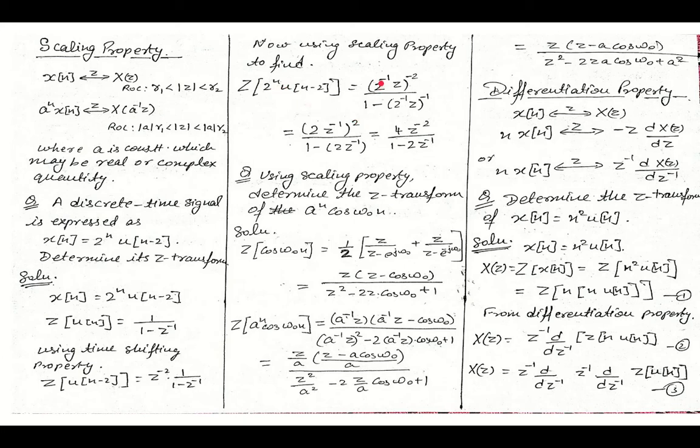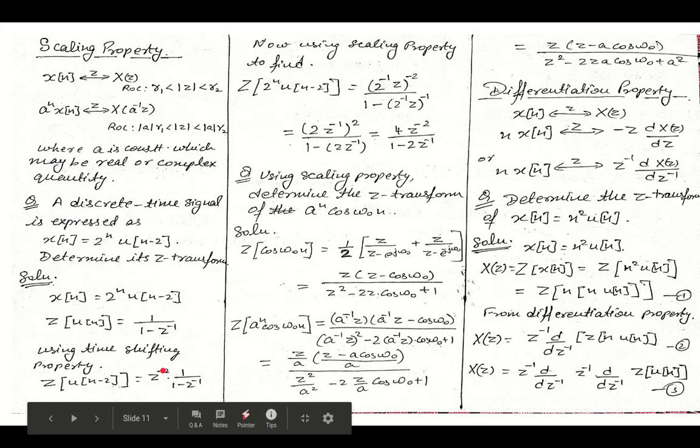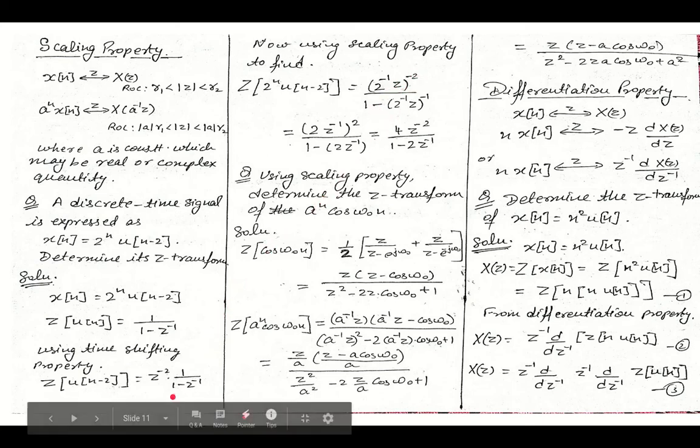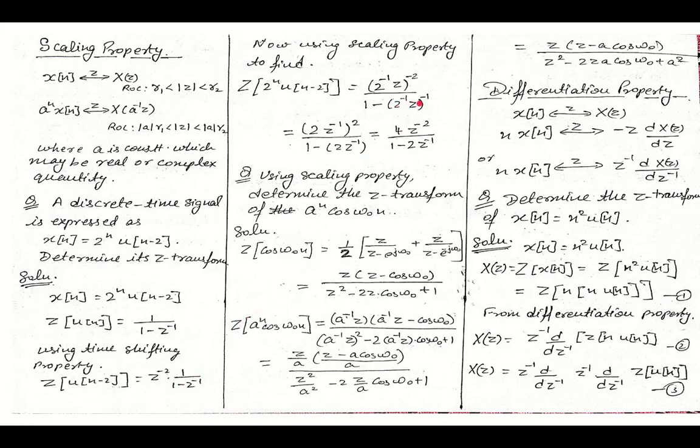So I put 2 inverse multiplied with Z, whole to the power minus 2, and similarly in the denominator we have Z inverse, so I put 2 inverse into Z, whole to the power minus 1.